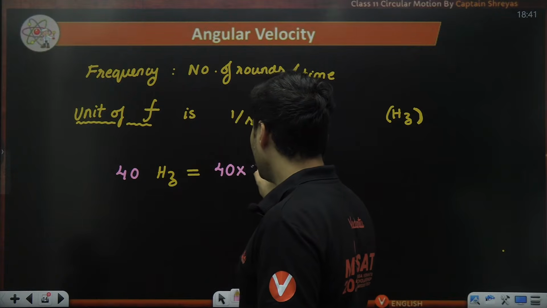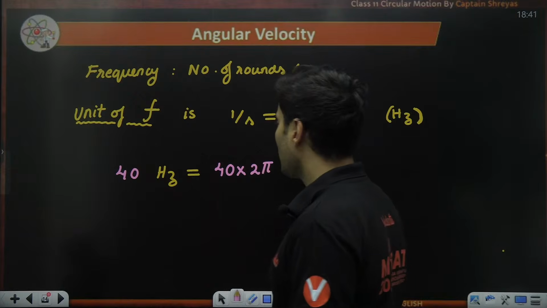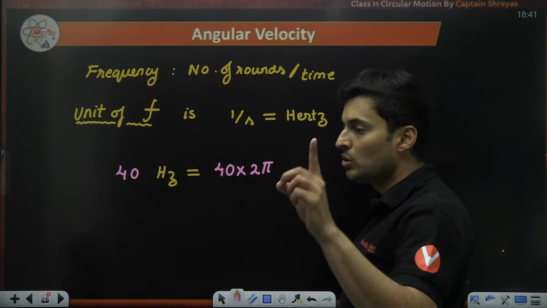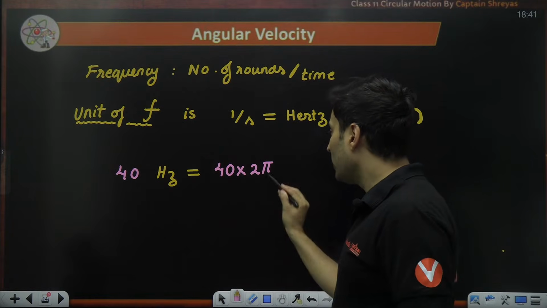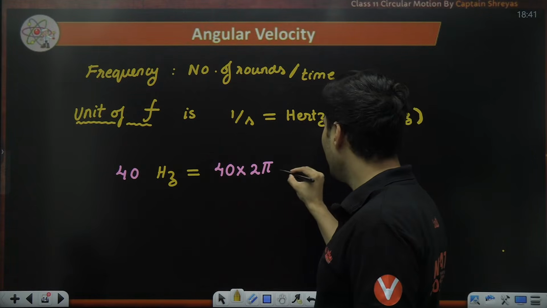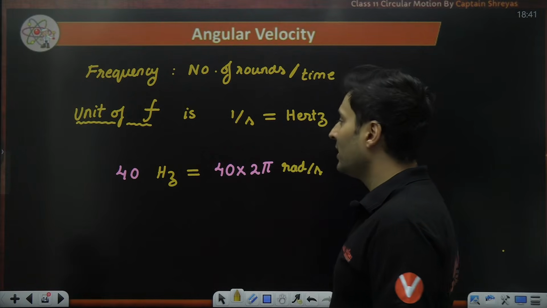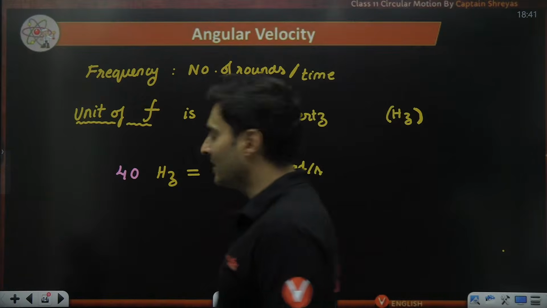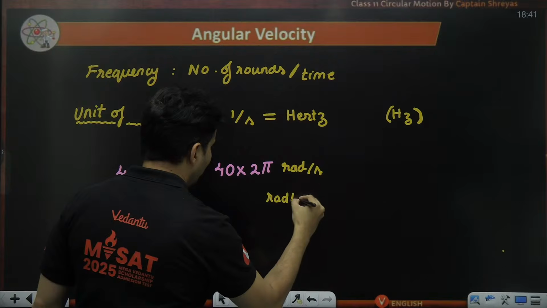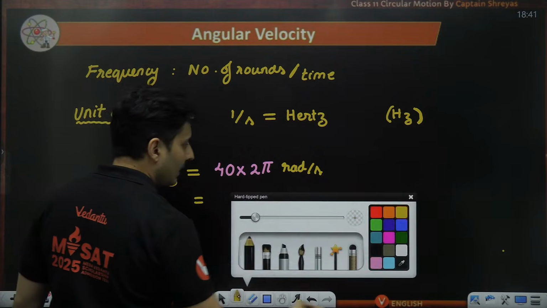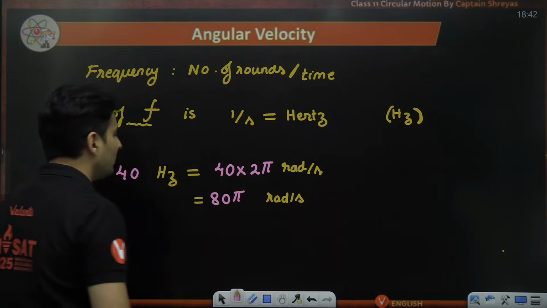And each round, do not forget, is nothing but 2 pi radians. So how many radians did it cover in 1 second? 40 multiplied by 2 pi. So that many radians it has covered per second. So you have converted it into omega. Hence the answer in radians per second, 2 times 40 is 80. It will be 80 pi radians per second.